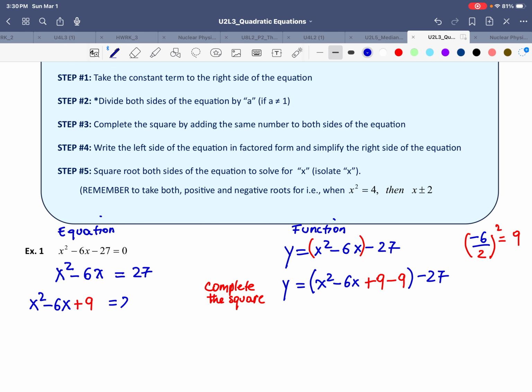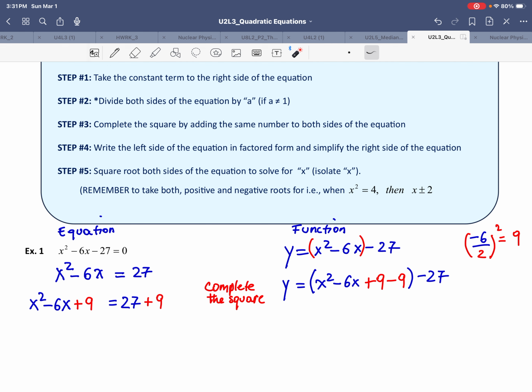And what we do is, instead of adding and subtracting a 9 to one side of the equation, here we're limited because we cannot do this to both sides because y has to be on its own all the time. So what we do in equations is we add the same number to both sides, because in equations we do have the freedom to add the same number to both sides and still keep the equation the same with the same solutions.